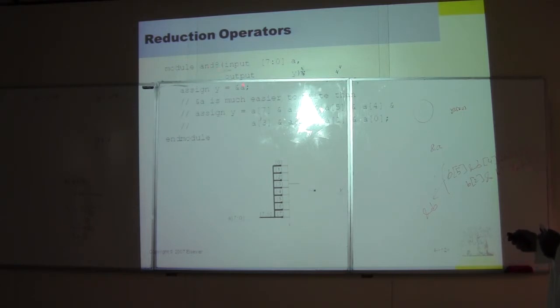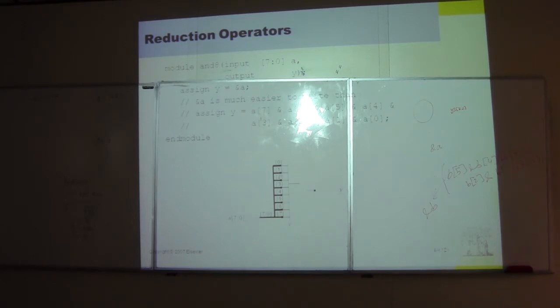So, module and 8. There are two ways. Yes, either this way or the other way. Either you can do this or do this. And if you generate the circuit, it will look like this. This part is not clear.